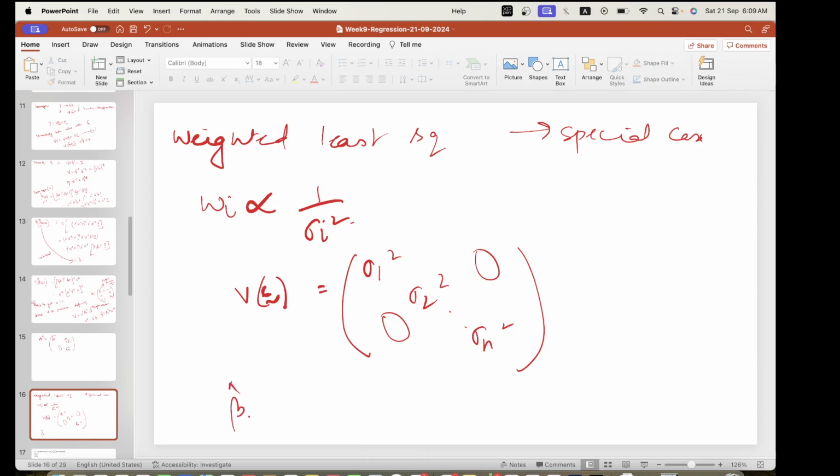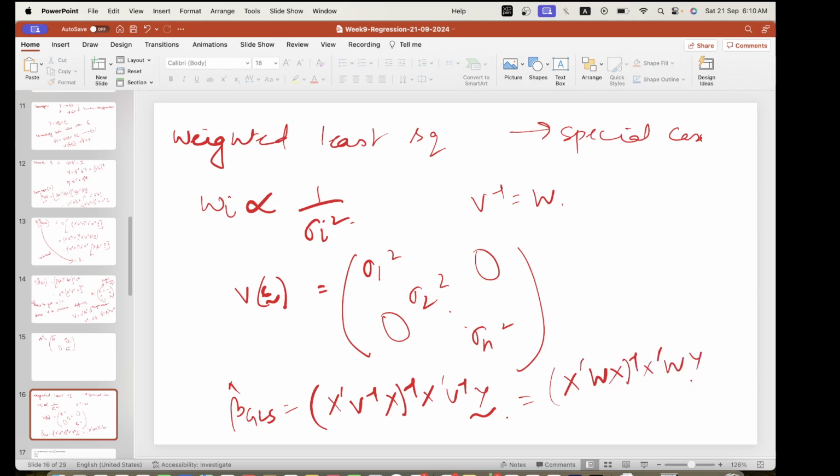Beta hat GLS would be X transpose V inverse X inverse X transpose V inverse Y. Now since the Wi's are proportional to 1 by sigma i square, V inverse would be W, so we substitute V inverse with W. This will be X transpose WX inverse X transpose WY, and the variance of beta weighted least squares would be X transpose WX inverse, without sigma square, because that is already taken into account by this W matrix.